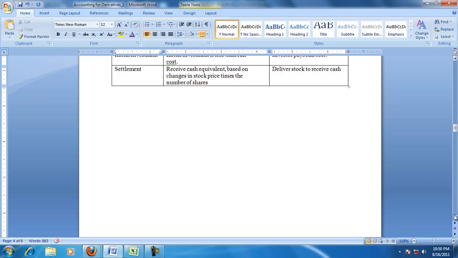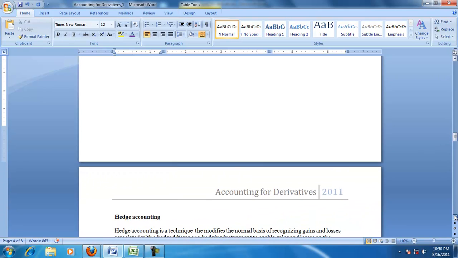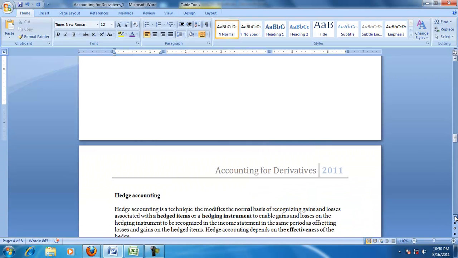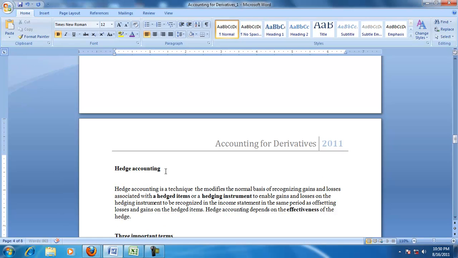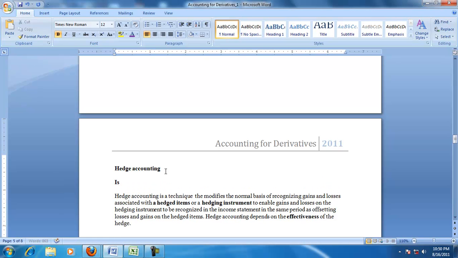So that takes us to the next issue, that is hedge accounting. Hedge accounting is actually a type of derivative accounting, isn't it?